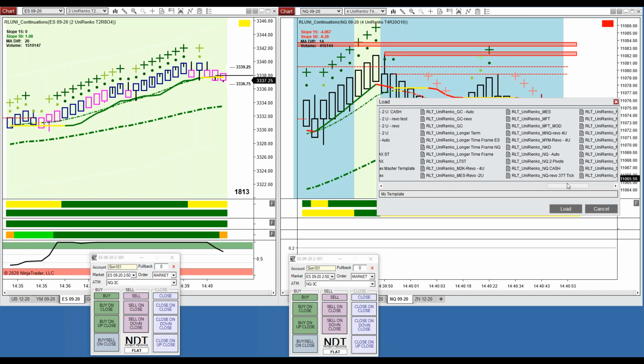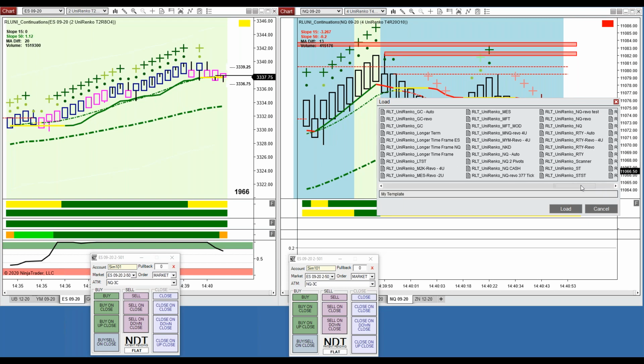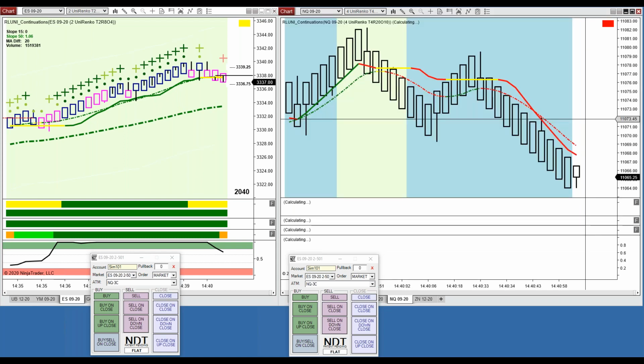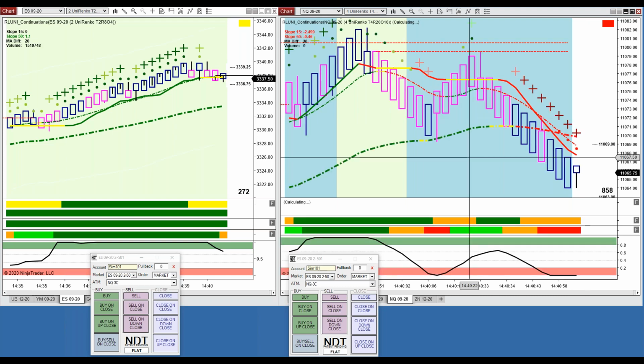I have a whole bunch of NQs here. NQ Revo. And this should load. Give it a sec. I didn't want to really drag out the webinar, but here it's loading fine.